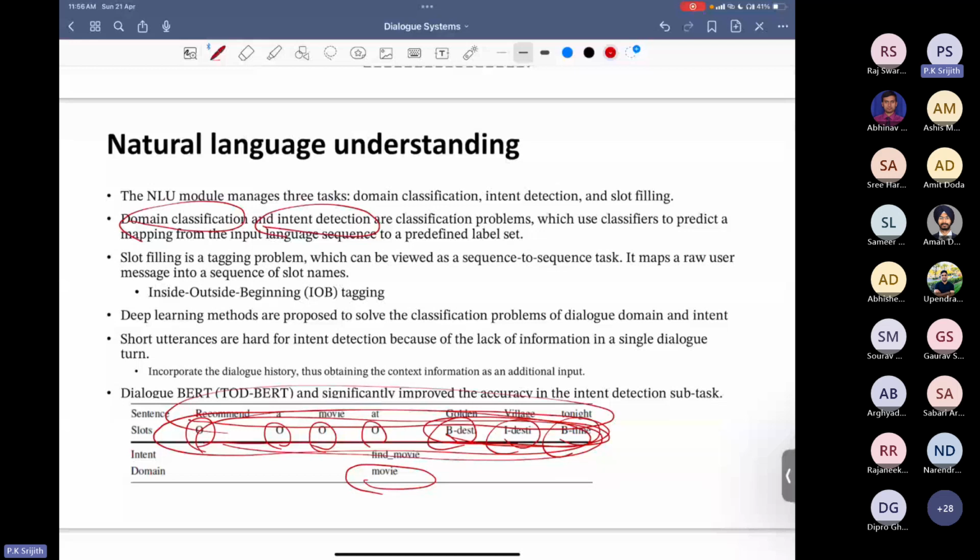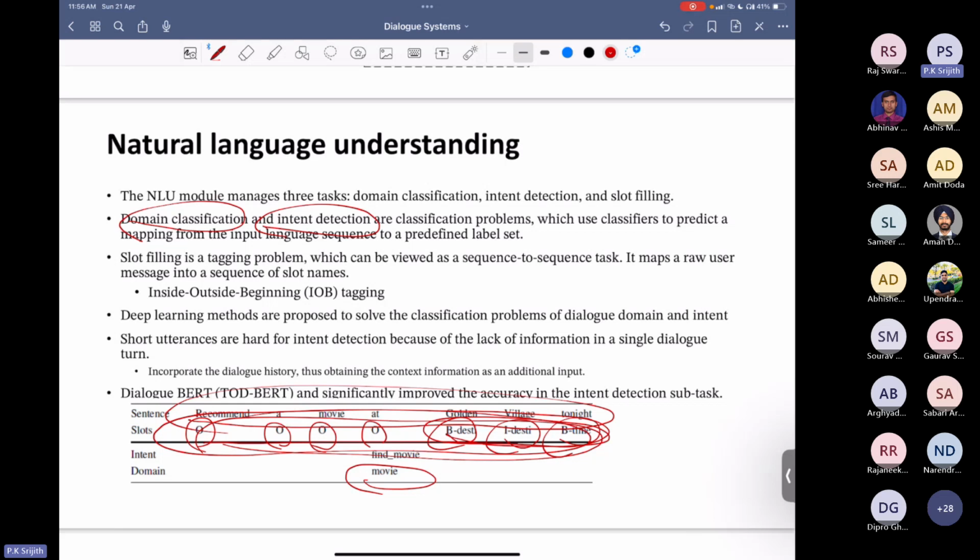Finding out the intent, domain, etc., is very difficult, because often the user speaks very short sentences when it comes to dialogue systems. And out of those short sentences, finding out the domain and intent is difficult.